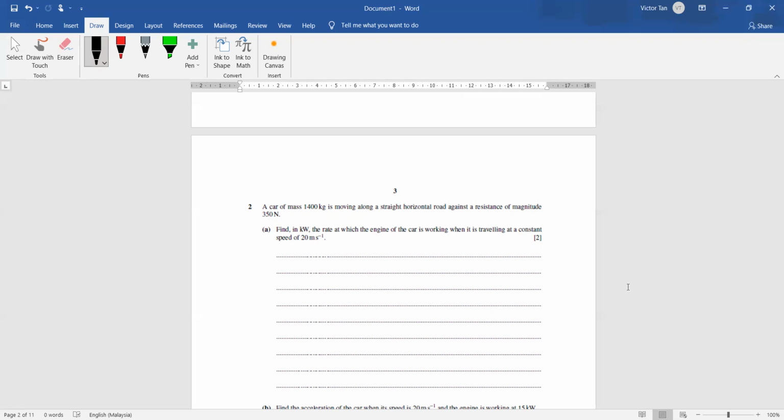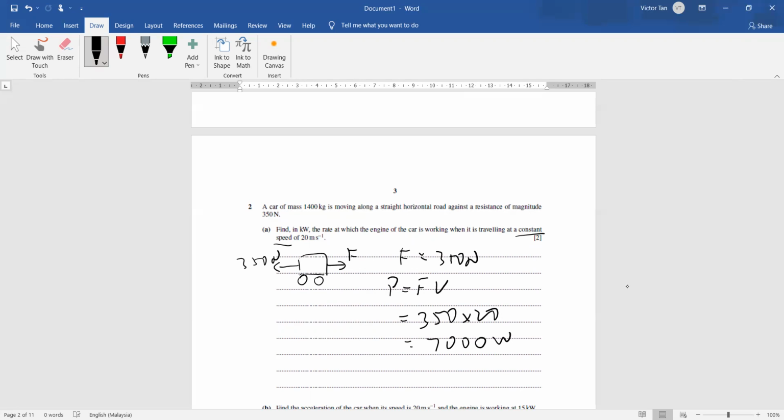At a constant speed means the thrust or the pulling force is equal to the resistance. So F is 350 Newton. What is FV? 350 times 20 is 7,000 watts. So it must be in kilowatts. So it's 7 kilowatts.